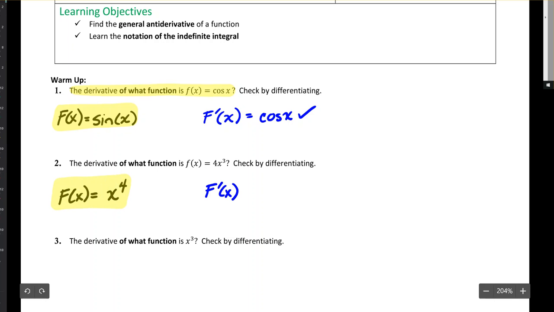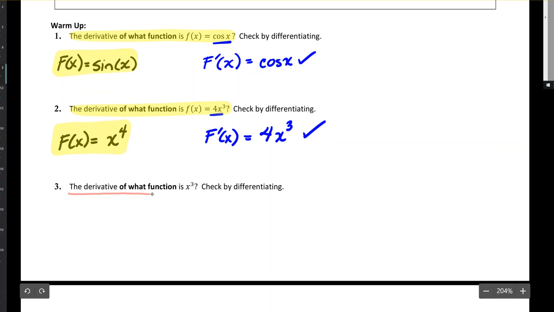Checking our understanding that we're correct using differentiation, the derivative of x to the 4th using the power rule is 4x to the 4 minus 1 power, 4x cubed. Beautiful. The derivative of x to the 4th is 4x cubed.